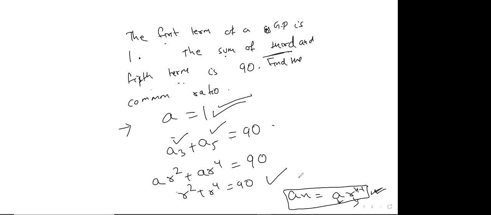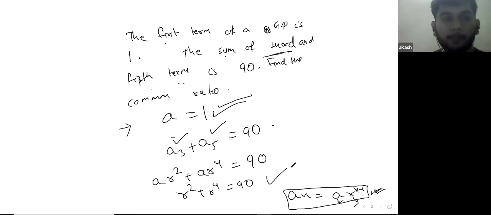Okay, sir. So, are we clear till now? A3 plus A5 equals to 90, right? This equation. Are we clear on this? So A3 will be the formula A R raised to the power 3 minus 1, that is A R square.